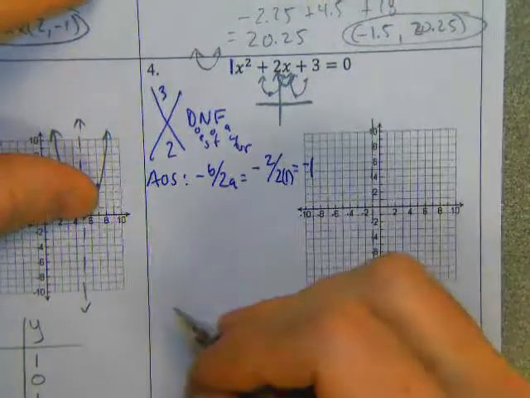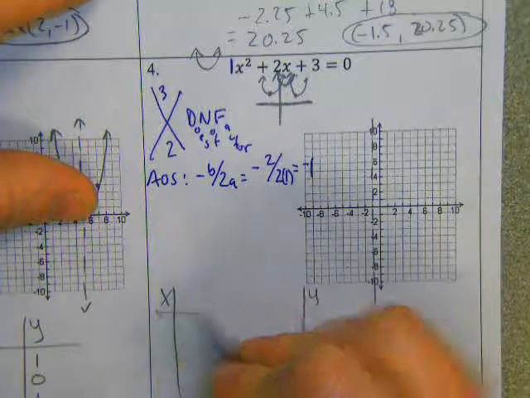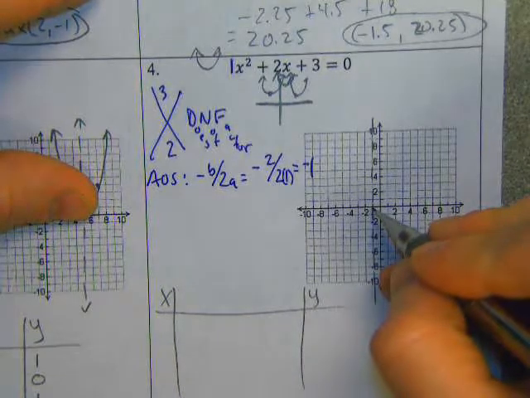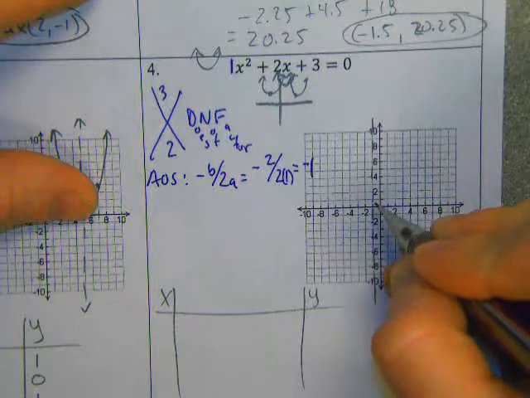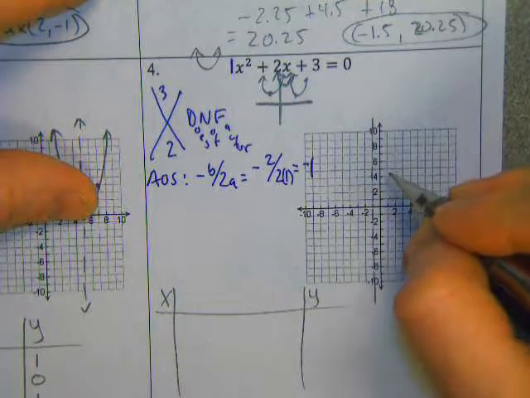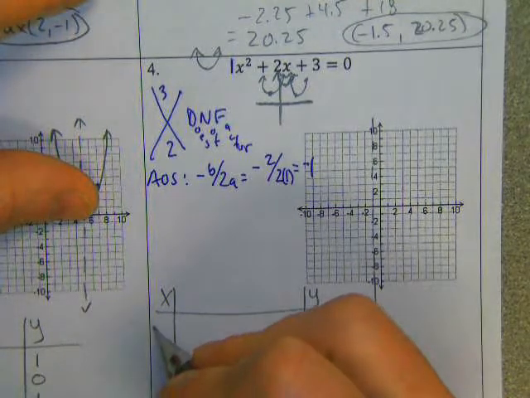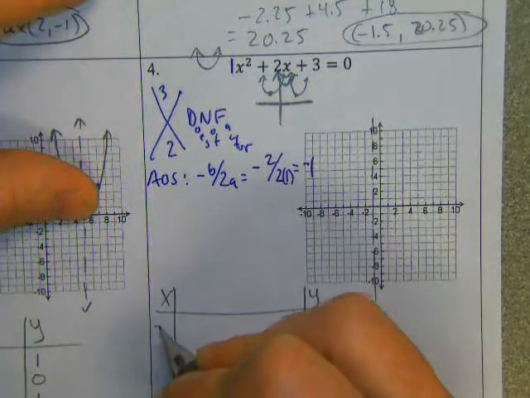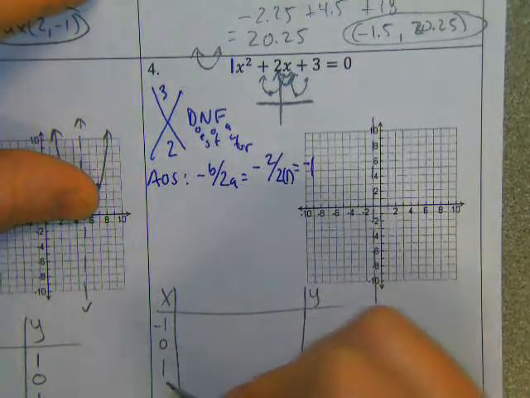Gonna get into this x, y with my work. I'm gonna choose negative 1, 0, and 1 because I'll get a good enough picture to see if it's gonna intercept or not. So I will play with negative 1 first, and then 0 and 1.